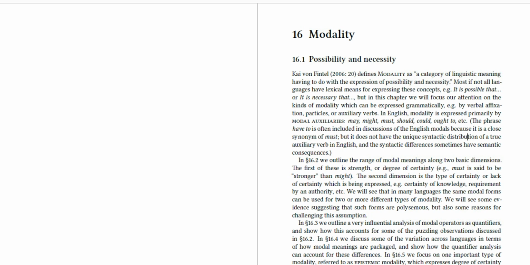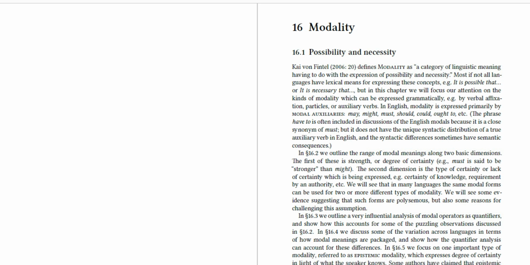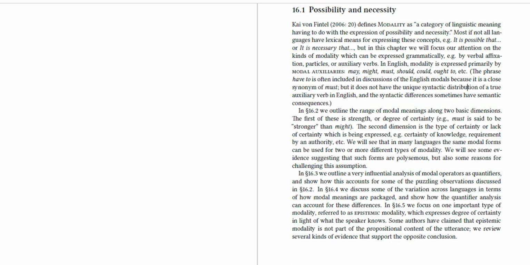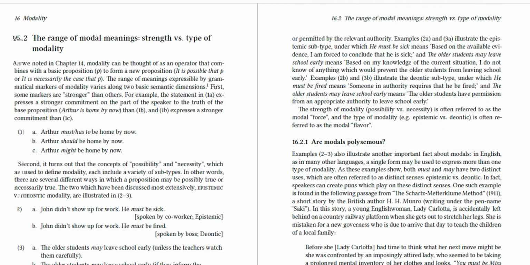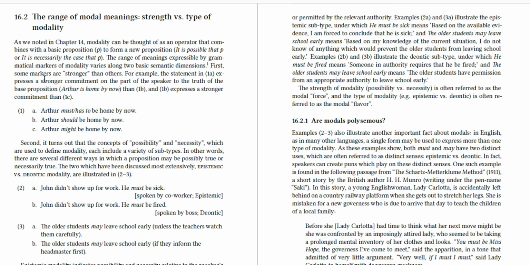But a sentence like the diameter of a circle passes through the center of the circle is what we call logical necessity, because we understand the full sentence without any doubt. There is no possibility auxiliary verb that could carry a meaning of double thinking or uncertainty. So here is the range of modal meaning, strength versus type of modality.